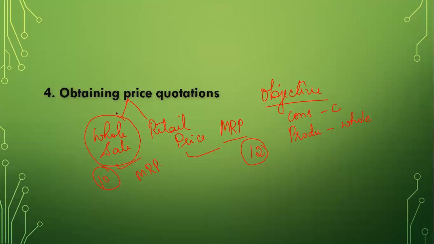If your objective is wrong, then everything will go wrong. So when you set a particular price quotation, you should keep in mind the particular objective of an index number. Next one, hope you understood these 4 points.